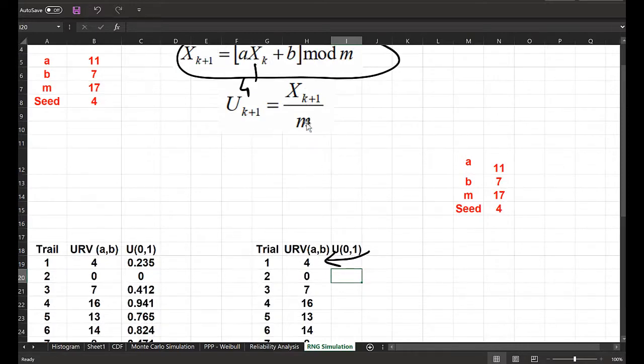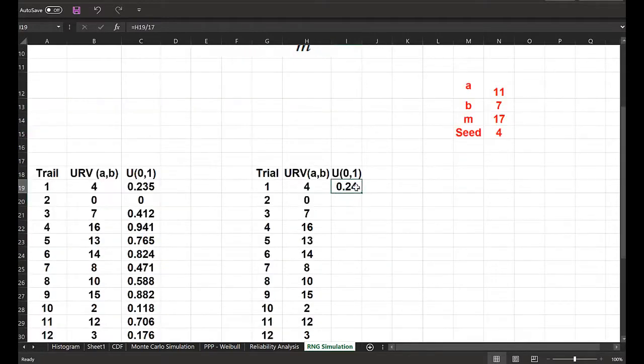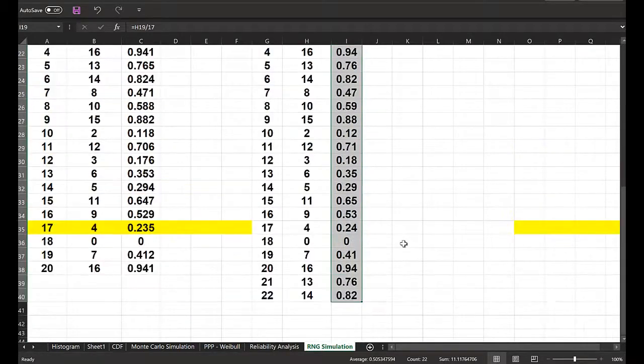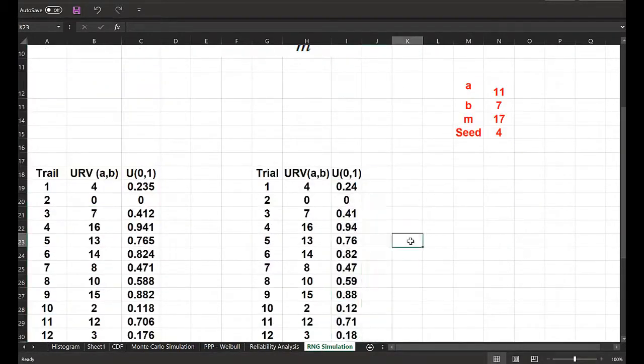If I want to calculate any value, it is simply this value divided by m, and m in this case is 17. So this value is 0.24, and then we can calculate all these random numbers. So you see we have calculated uniformly distributed random numbers between 0 and 1 and between a and b.